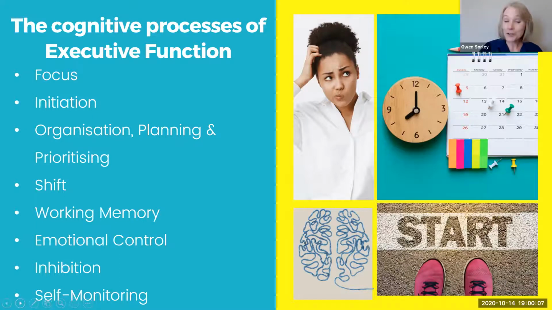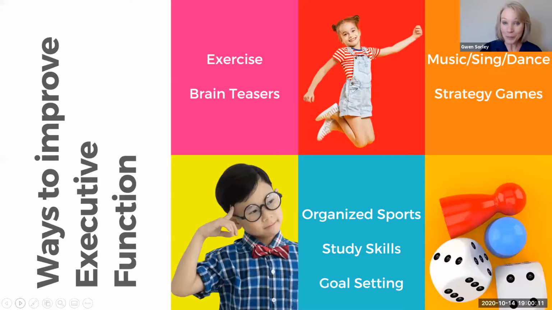And so the good news is we know through neuroplasticity that the brain is moldable, it's shapeable. And if we provide them with the right experience, the right challenge, they can develop these skills despite their current wiring. So that's the good thing, right? We can help them develop these cognitive processes that are necessary for strong executive function.